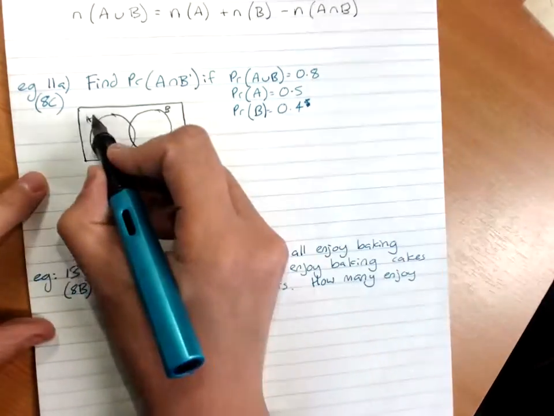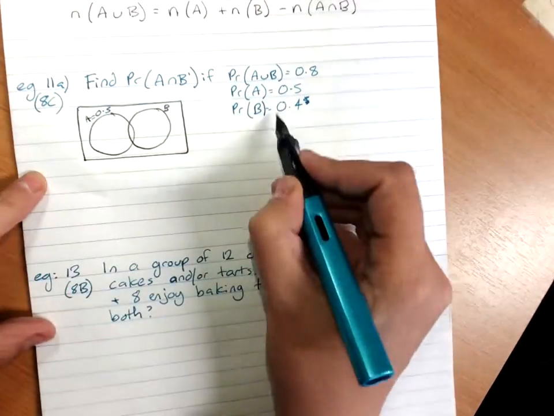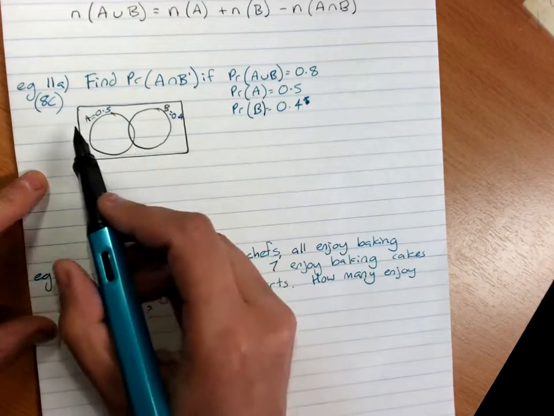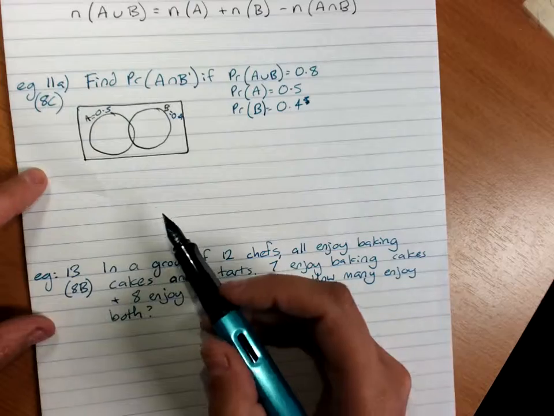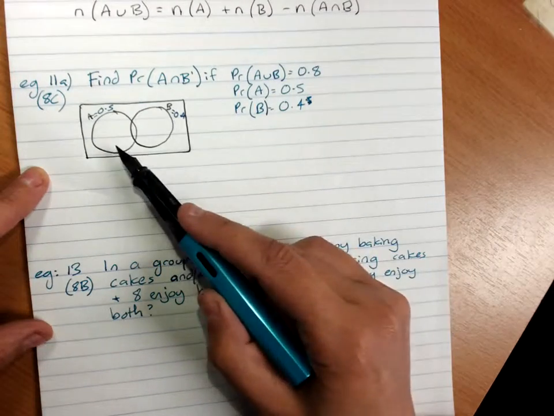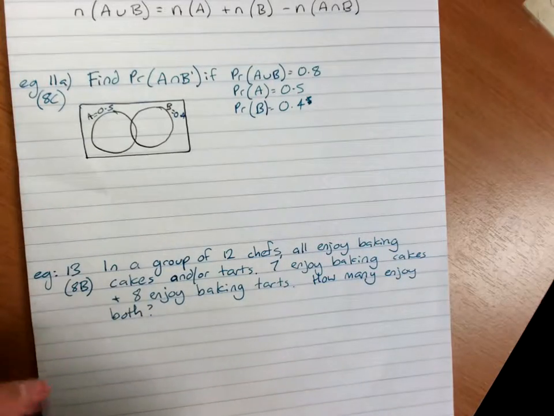So the probability of A is 0.5, the probability of B is 0.4, and I know those need to add up to 0.8 in those three regions there.